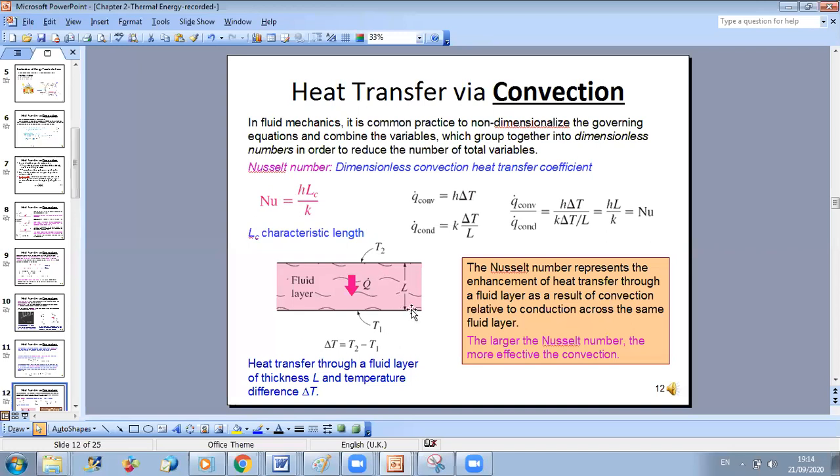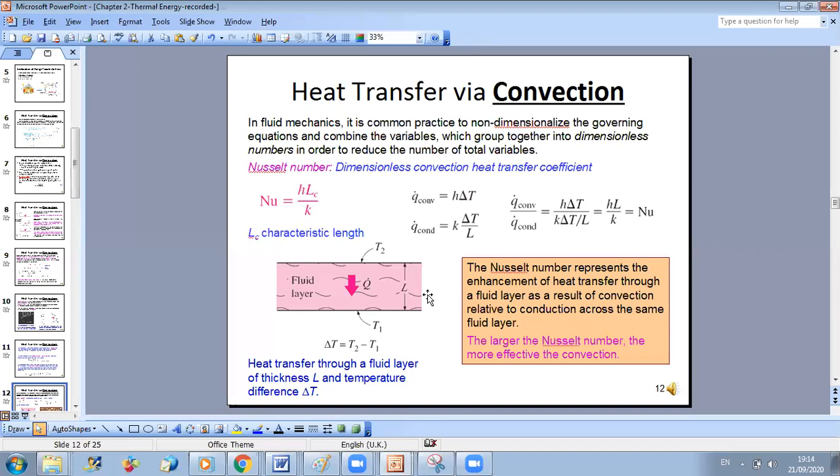In this problem, you have a fluid and you are imposing a temperature at the upper side equal to T2 and a temperature at the lower side equal to T1. Your fluid is moving, so you will have heat transfer due to conduction in your fluid first. In addition, you will have heat transfer due to the motion of your fluid, so you also have heat transfer by convection. The Nusselt number represents the ratio of the convective over the conductive fluxes.